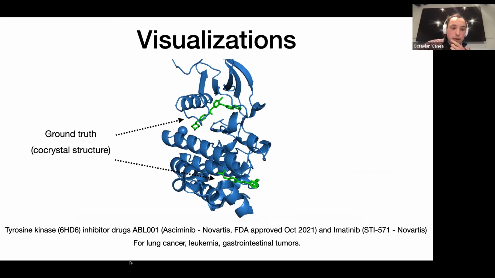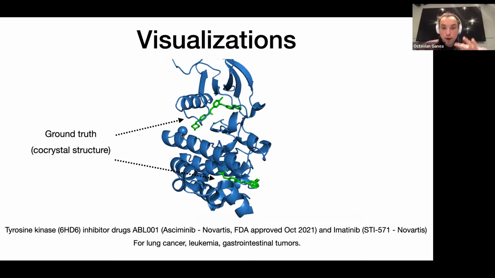It's a tyrosine kinase, responsible for three types of cancer: lung, leukemia, and gastrointestinal tumors. Only three drugs are known to currently inhibit this protein, if you look in PDB-bind. Two of them were developed by Novartis, and one of them, ABL001, was just approved very recently, at the end of last year.